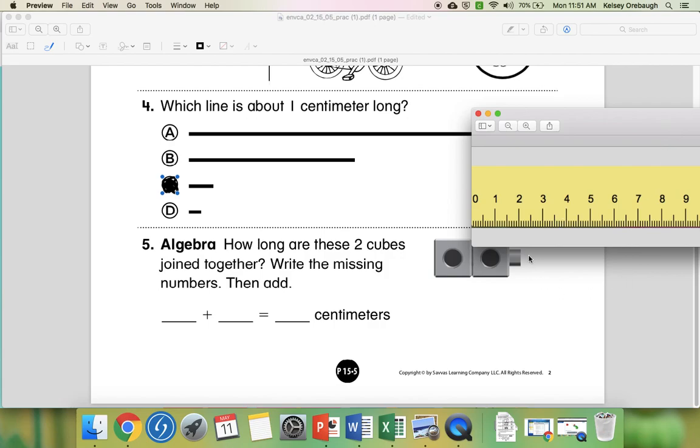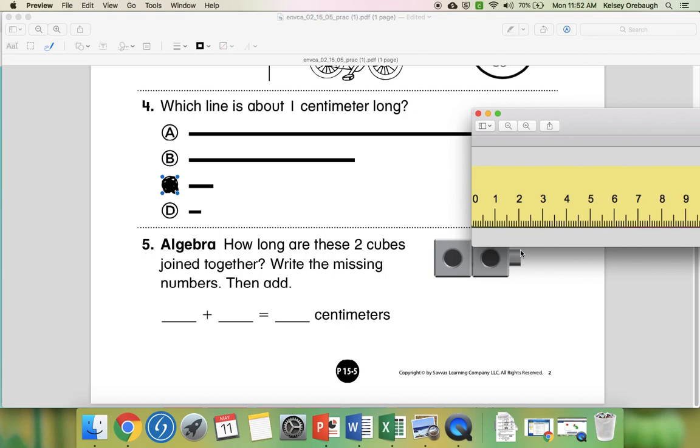And then I will look where the end of the peg on this cube stops or falls on the ruler. I can see that it's very close to 2 centimeters. It's a tiny bit past 2 centimeters, but not quite at the halfway mark between 2 and 3.